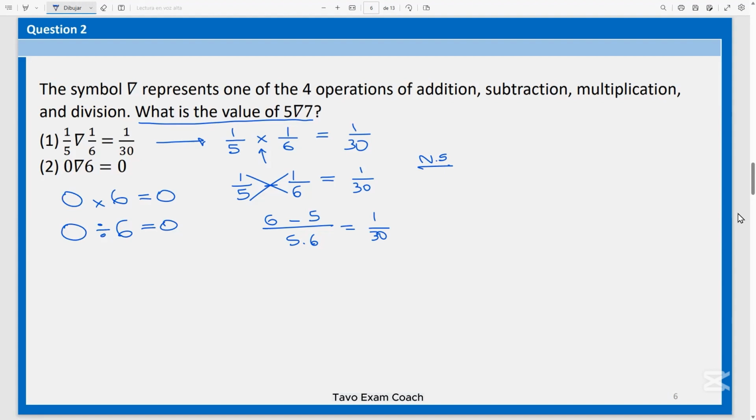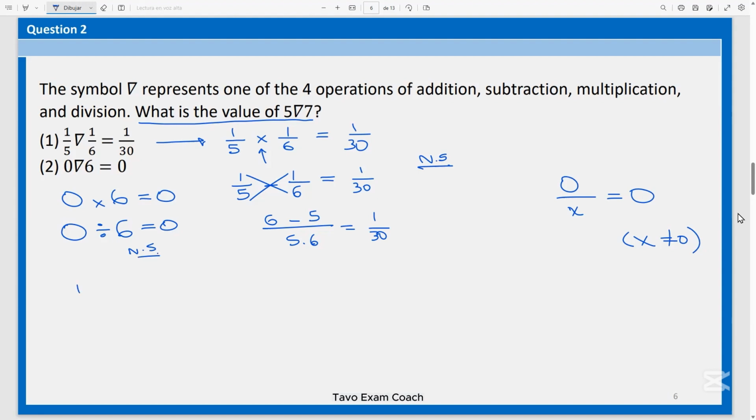The division by 0 is not defined, but 0 can be divided by any real number. 0 divided by x is always 0, whenever x is different from 0. So if we know this to be true, then again, the triangle doesn't mean a unique operation. So the answer is not unique either.